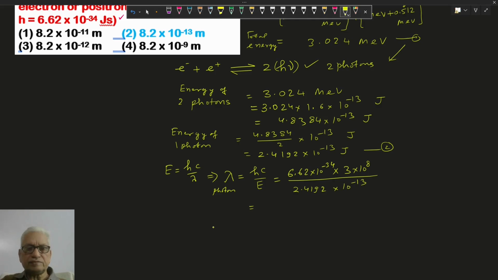We solve this and get 8.209 into 10 power minus 13 meter, or approximately 8.2 into 10 power minus 13 meter, the wavelength of the photon. So here this is option 2.